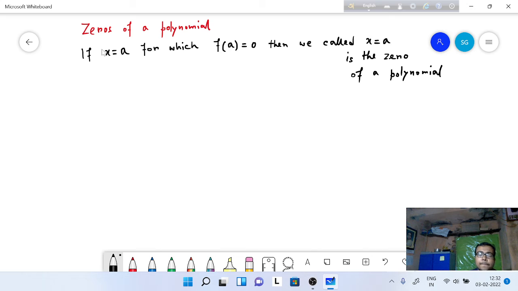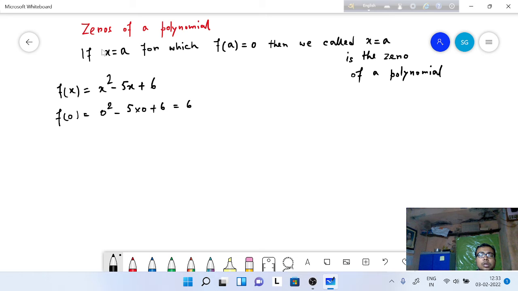Now let's take an example. f(x) equal to x square minus 5x plus 6. Let's find out some values. f of 0: we put x equal to 0 in the right side, so that becomes 0 square minus 5 into 0 plus 6, that is 6.